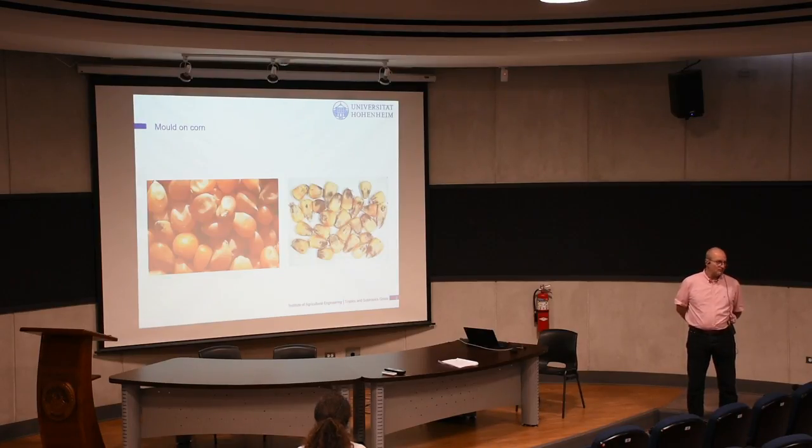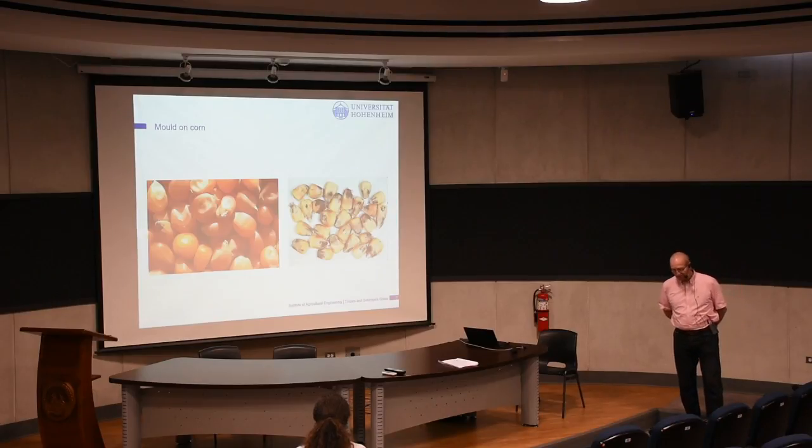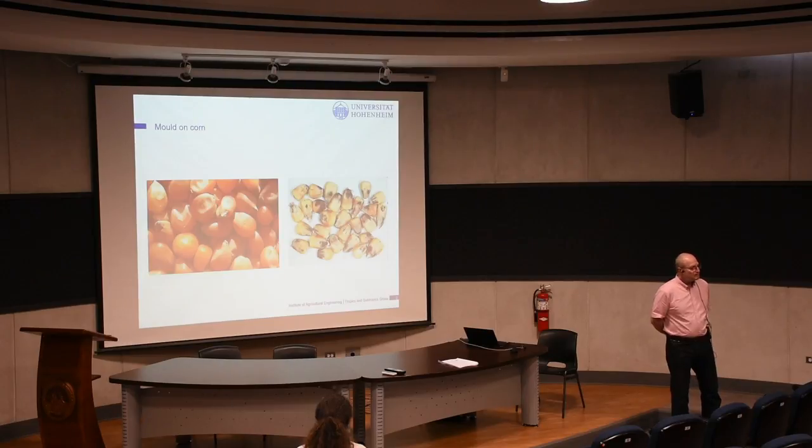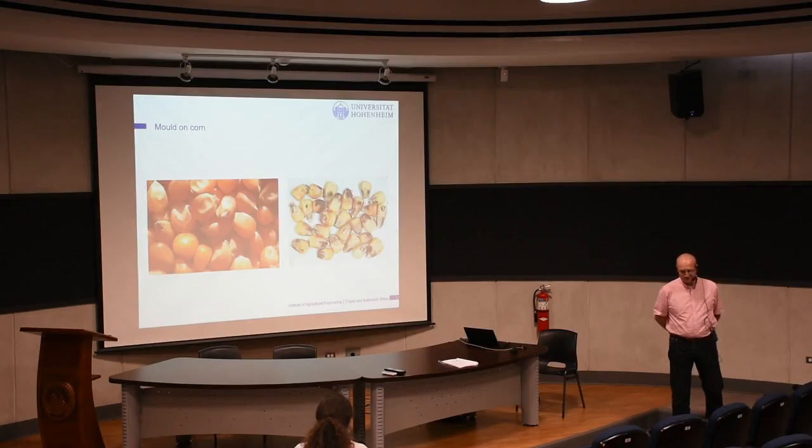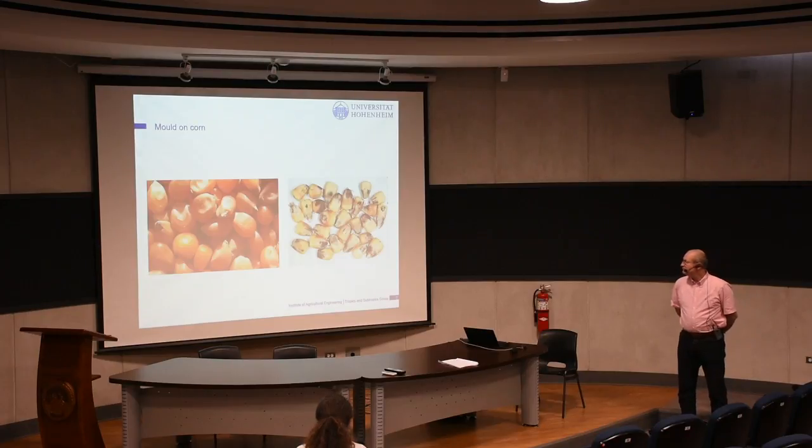So maize, we have learned on Monday, is mainly fed to animals, and then aflatoxins accumulate in milk and meat in the food chain, and they are carcinogenic and really a severe problem. By the way, Catalina, coming now, or is already in Germany, will work on this problem, so mycotoxins on maize.